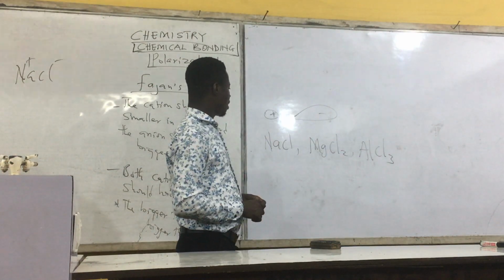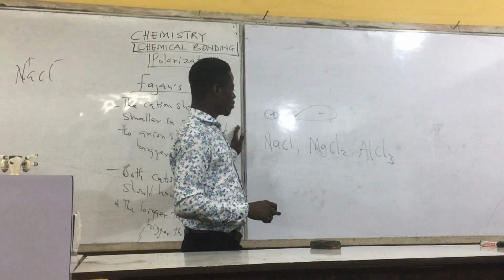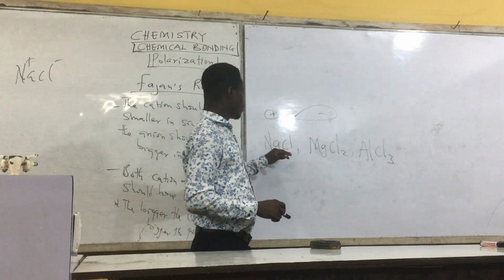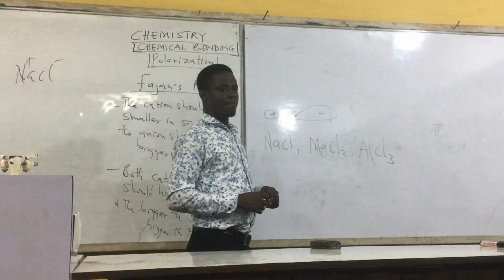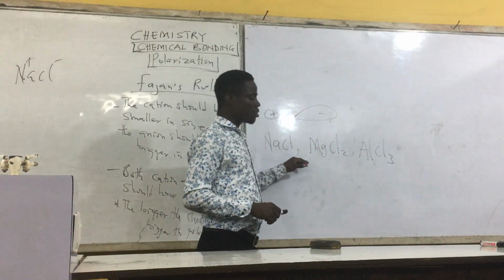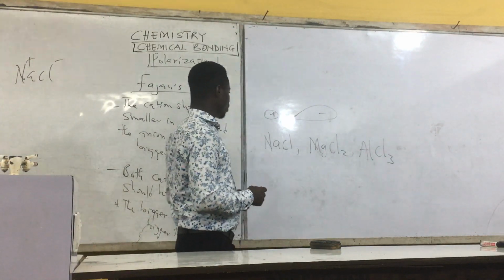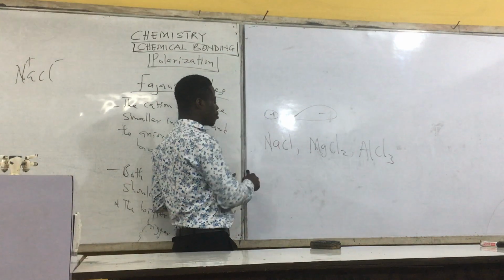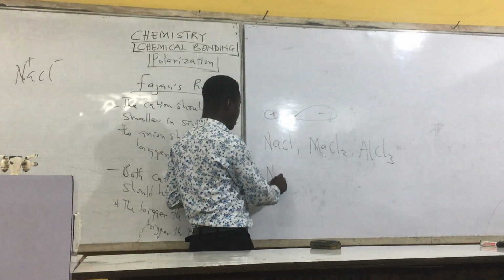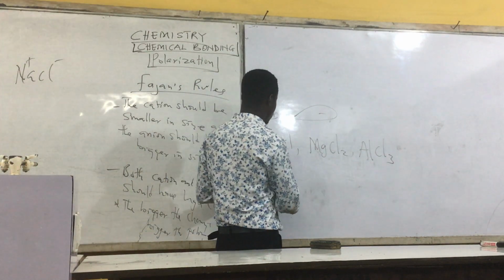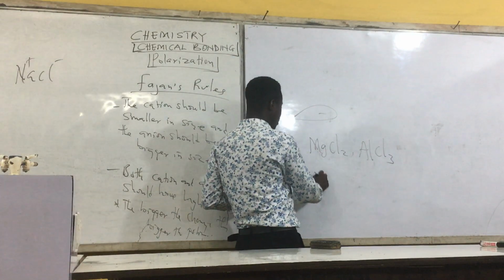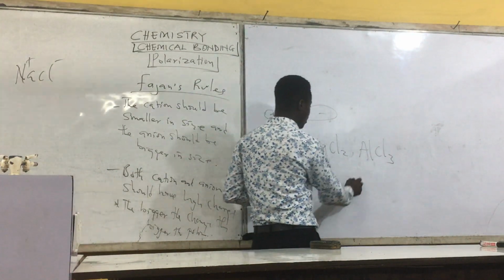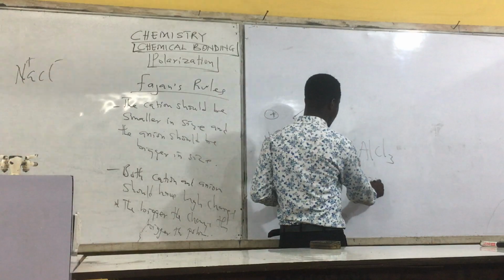The only difference we are having is the metals, that is sodium, magnesium, and aluminum. So what you are going to use is, let's consider the charge of sodium. Sodium is plus, magnesium is 2 plus and aluminium is 3 plus.